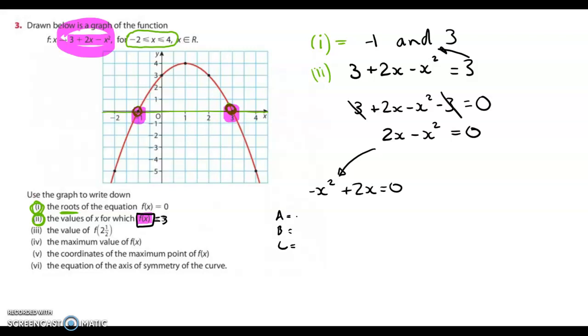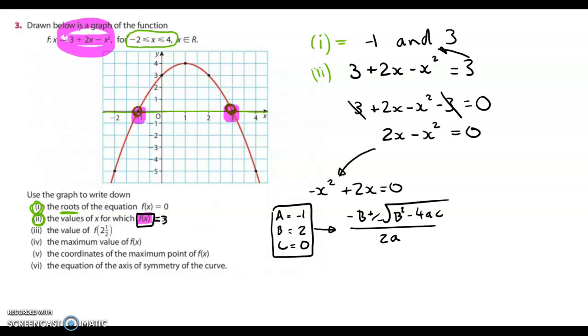So in this case, a is -1, b is 2, and c is 0. And you'd sub it into the minus b formula. Minus b plus or minus the square root of b squared minus 4ac all over 2a. Or a much easier way would be to factorize using the take out what's common method.